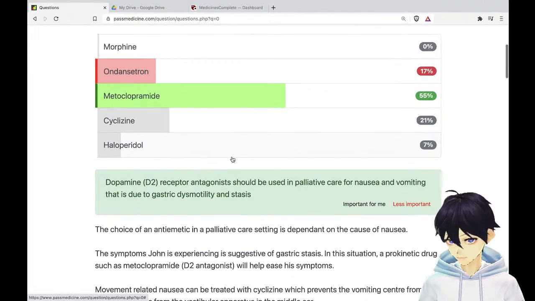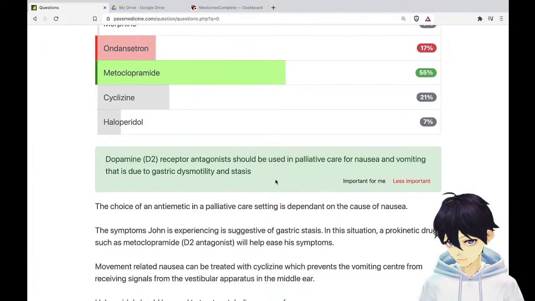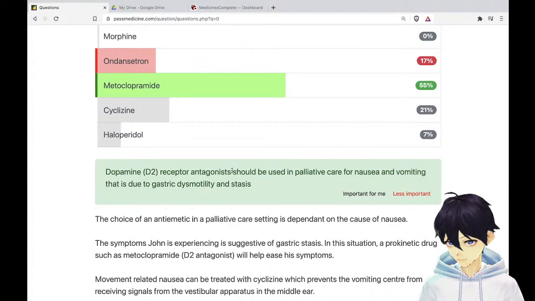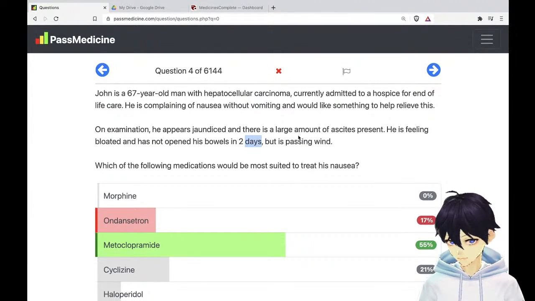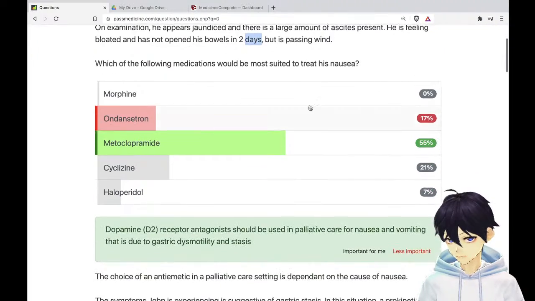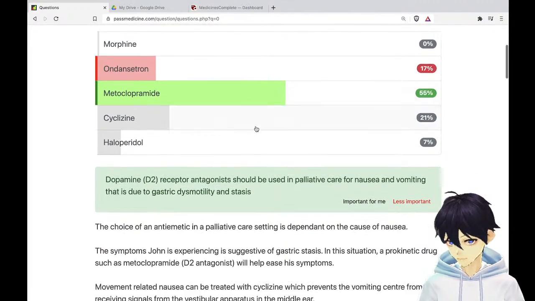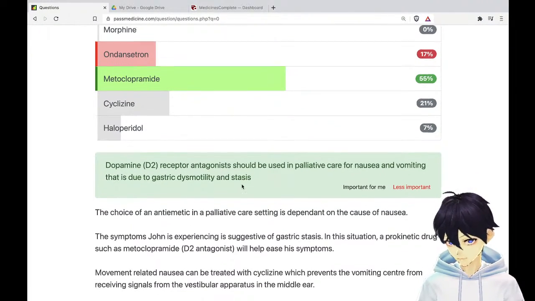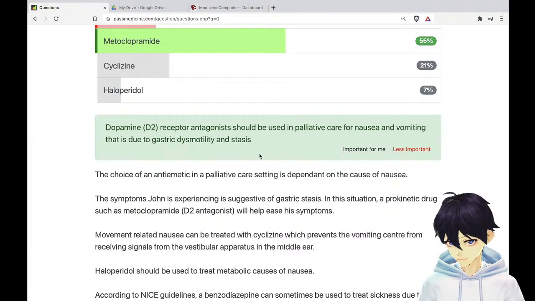So they want you to kill 2 birds with 1 stone. What they're saying here is probably the nausea is due to the gastric dysmotility and stasis. So you're going to treat that, and that will help with the nausea.